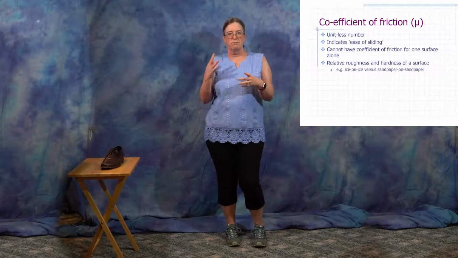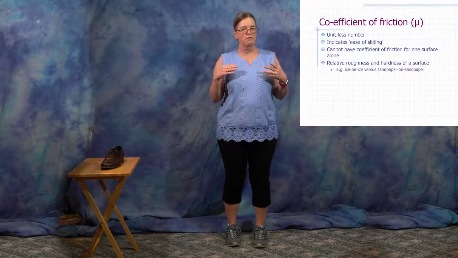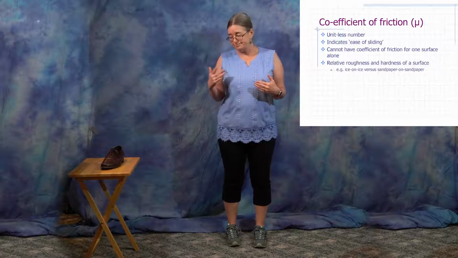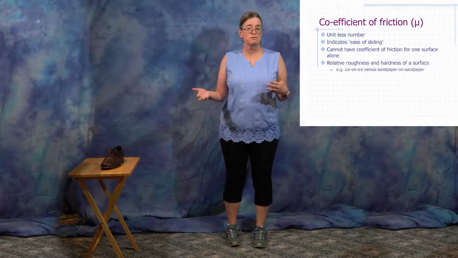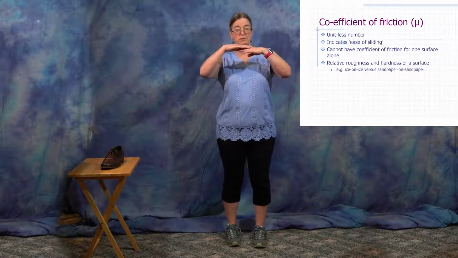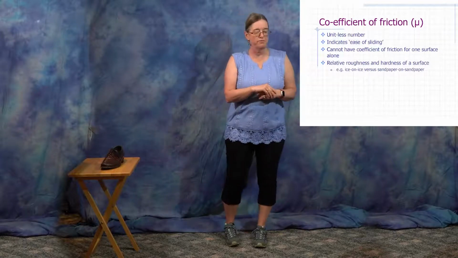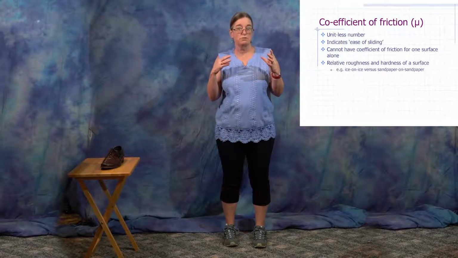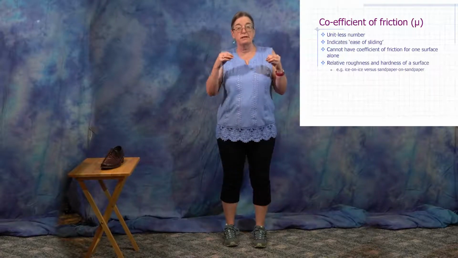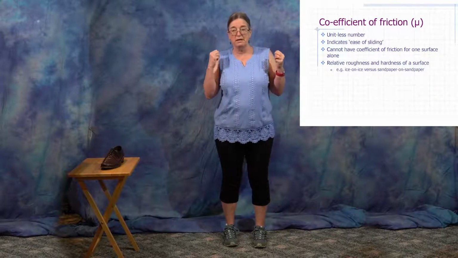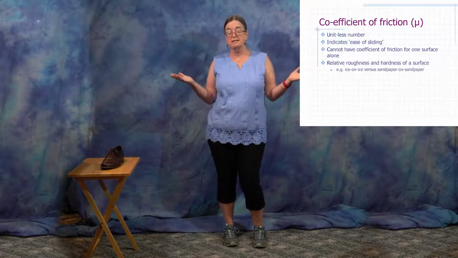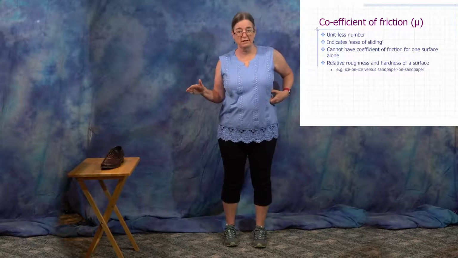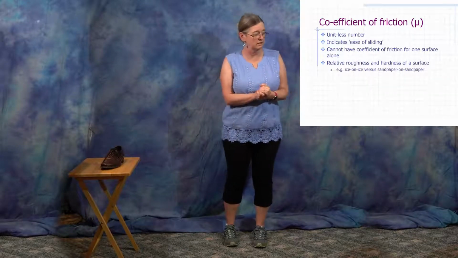It's a reflection of the relative roughness of two surfaces. That one shoe is a fairly slippery shoe. It's pretty smooth on it. Whereas if it had some sort of grip on it, it would not move as easily. If I pasted sandpaper underneath it, it definitely wouldn't move as easily.